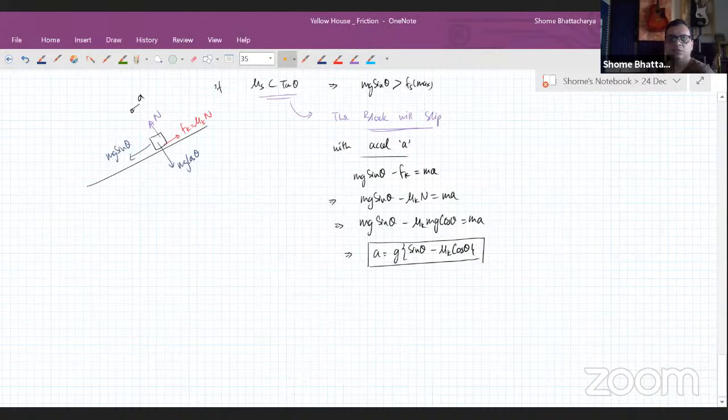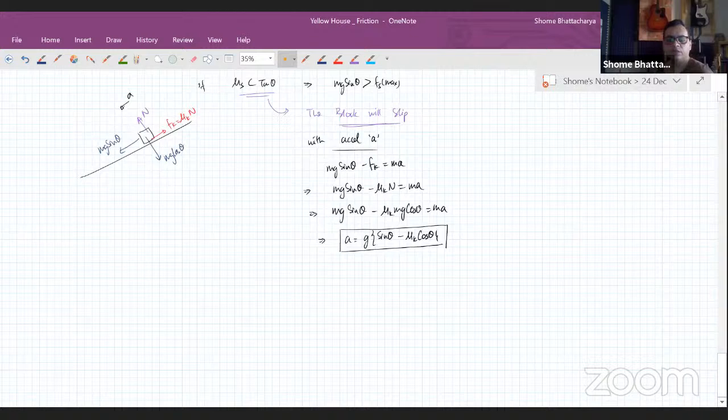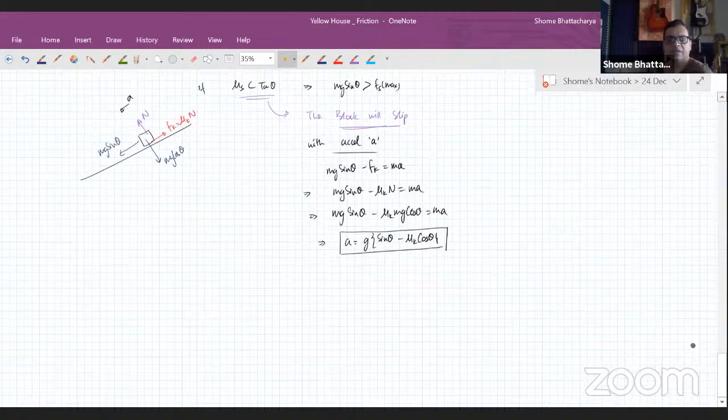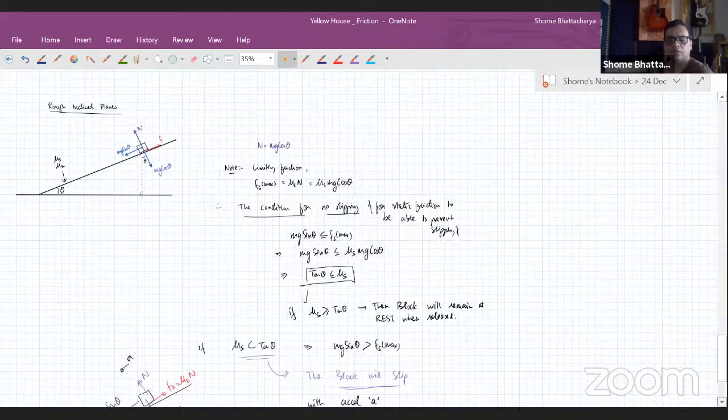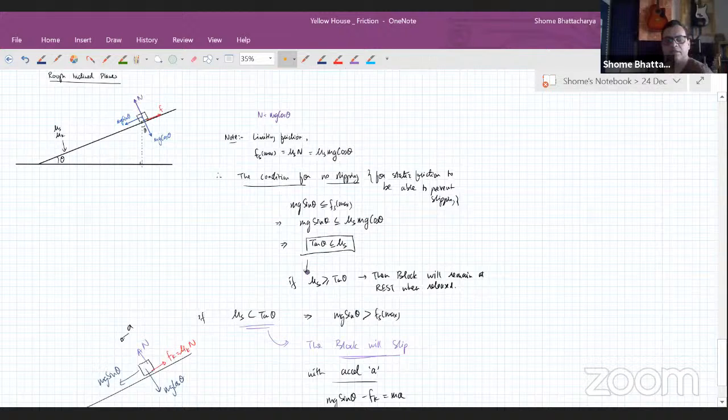So these are the two possible scenarios, or the two possible cases that can occur here. And we can distinguish which of the two cases is happening by comparing the value of coefficient of static friction with tan theta. If the coefficient of static friction is greater than equal to tan theta, then it will remain at rest. There's no slipping. And if the coefficient of friction is less than tan theta, then the block will slip.